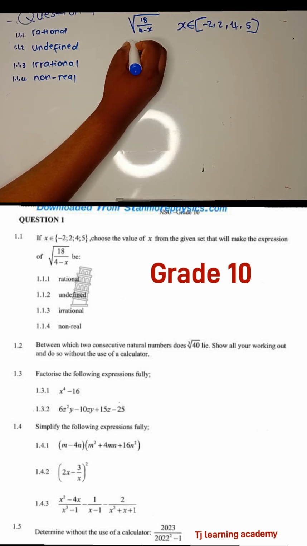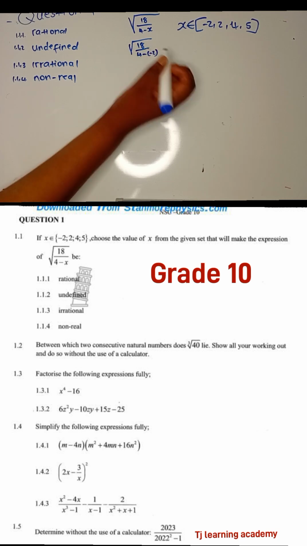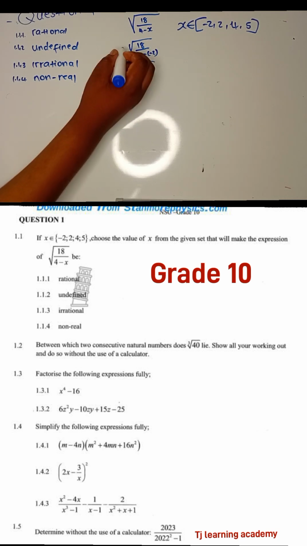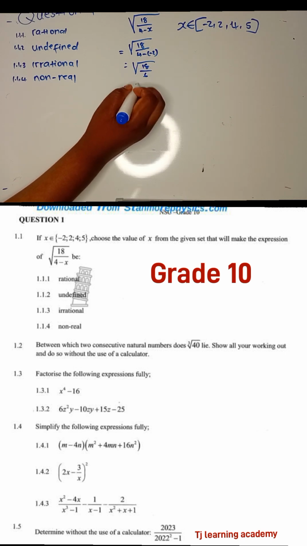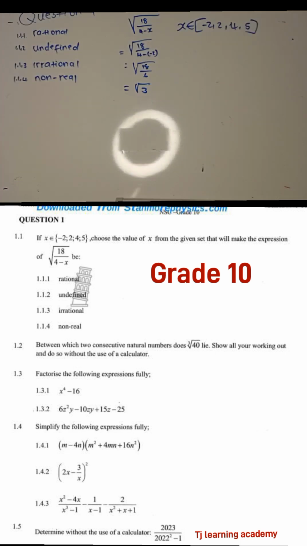Let's see. Square root of 18 divided by 4 minus (-2), and it's going to be 18 over 6, and the answer is going to be square root of 3. And we know that square root of a prime number is irrational.